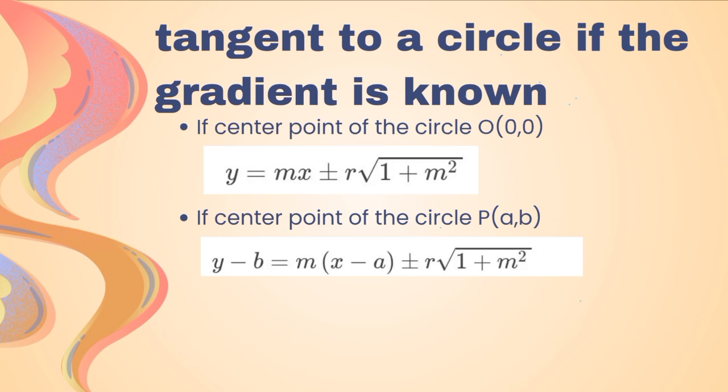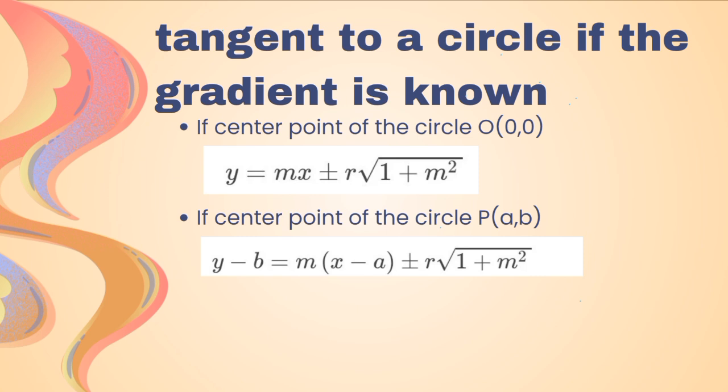Tangent to a circle if the gradient is known. If the center point of the circle is O 0, 0, y equals mx plus or minus r times square root of 1 plus m squared.